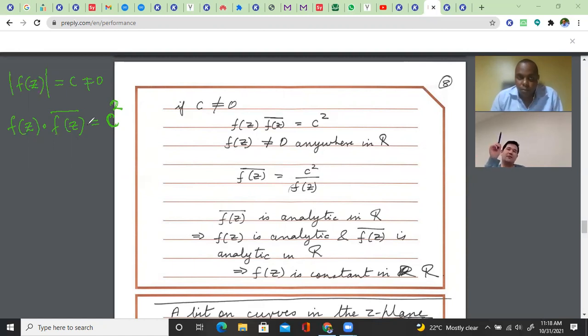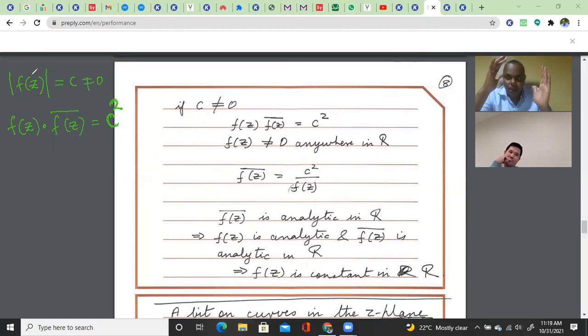You said that the modulus of f of z is a multiplication of f of z and f of z bar, right? No. The modulus of f of z is its length, right? Yes. It's going to be the square root. So f of z is going to have the same length as f of z bar. Oh, yes. So that is why I'm saying f of z times f of z bar equals c squared, because they have the same length.